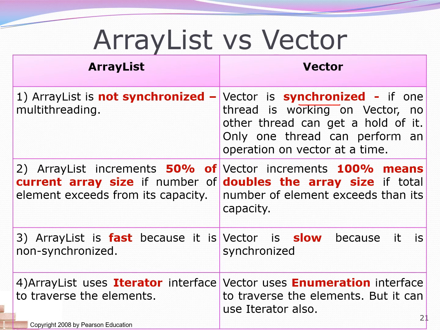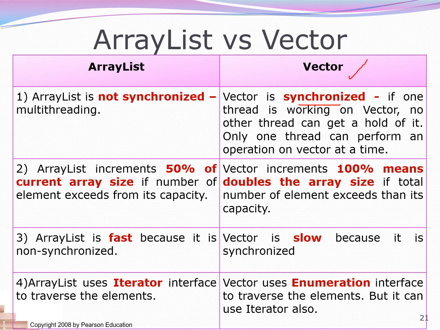I think you'll be learning about this in real-time programming. If you are in that kind of situation, you use Vector. Else, you simply use ArrayList. When you use ArrayList, it will increase by 50% of the current size. So let's say the ArrayList is about to be full, it will increase the size by 50%.